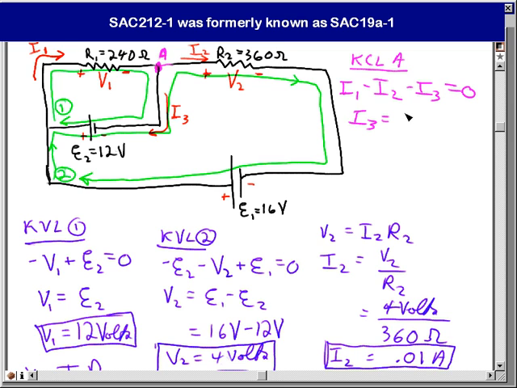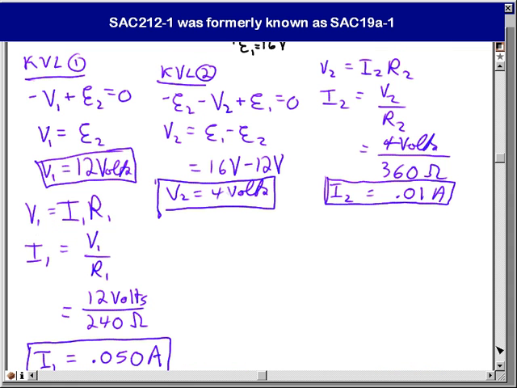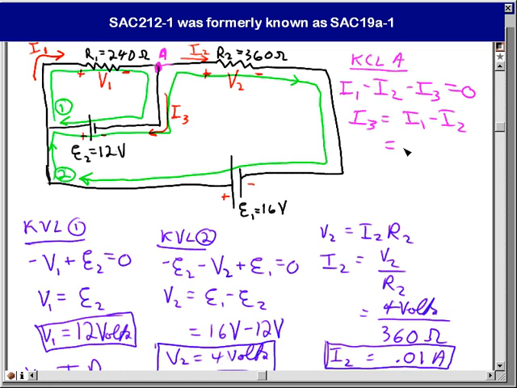So solving that for I3, that's I1 minus I2. What do we get for I1? 0.050 amperes minus 0.01 amps. So that's 0.04 amps. I3. Now, I probably shouldn't even be boxing that one in because they didn't actually ask for it.